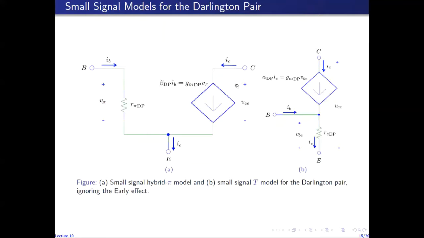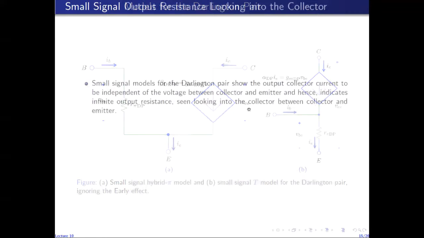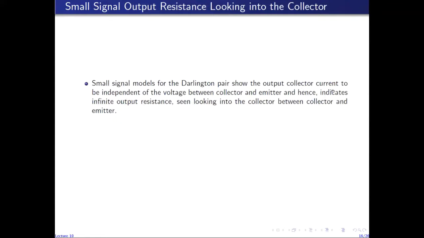So if we look at the resistance, because we have ignored the early effect, then if we look at the resistance between collector and emitter, looking into the collector, then from these two models you can see that that resistance is infinity, because no matter what the voltage between collector and emitter is, the collector current is independent of that voltage. Changing the collector emitter voltage will not change the collector current.